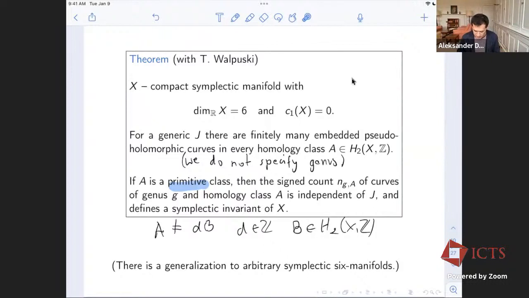And instead of using these classical tools of symplectic geometry, what we use here are some results from geometric analysis, and specifically from geometric measure theory. So are there any questions at this point about what I said or about the statement of the result?